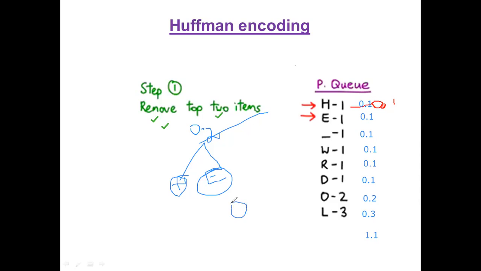Here we'll be having 0.1, so we'll be adding that to itself. That's it.